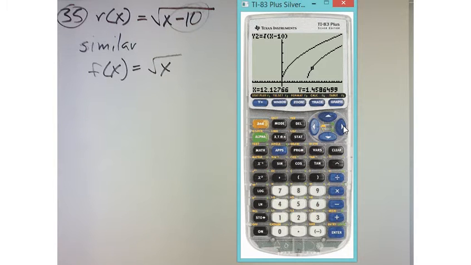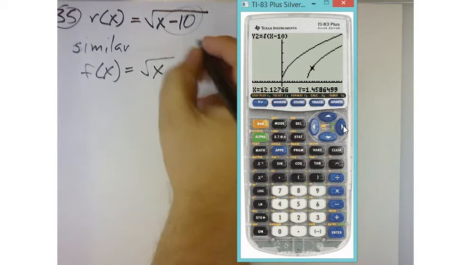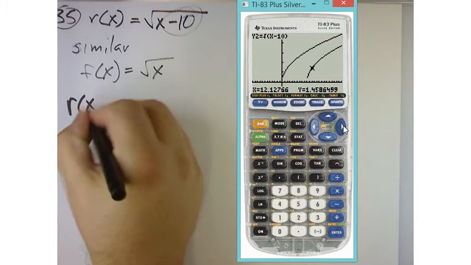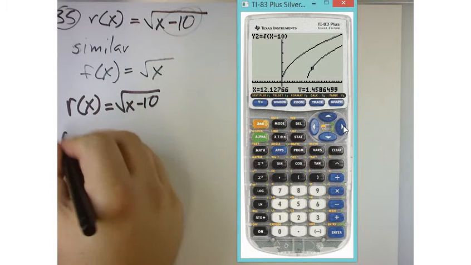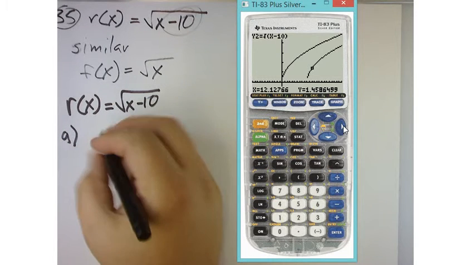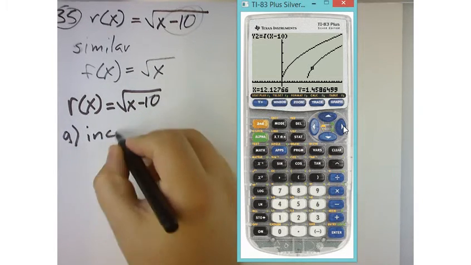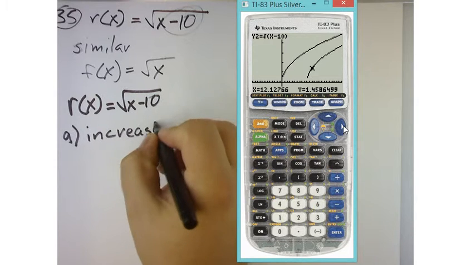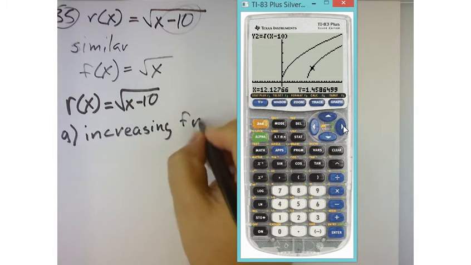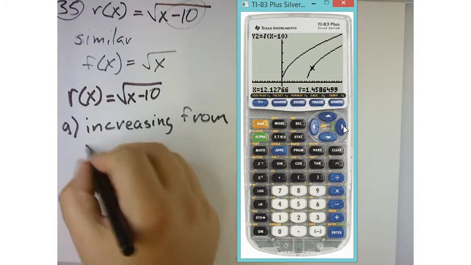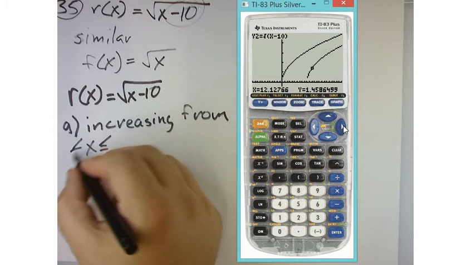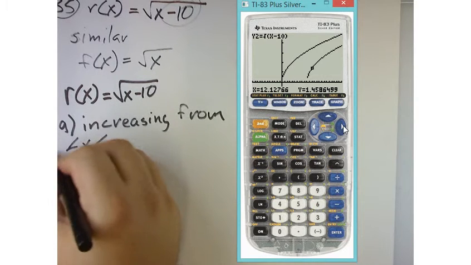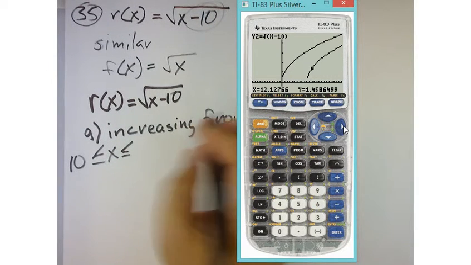So part A says, when is this function increasing? Right? So we're talking about r of x equals the square root of x minus 10. Part A says, when is it increasing, decreasing? Well, it's increasing from x equals, well, it goes from 10 to positive infinity, right?